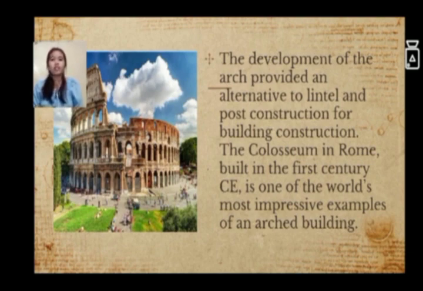So the picture in my PowerPoint is the Colosseum in Rome in the 1st century CE. It was built in the 1st century, and it uses repeated arches to define an imposing but decidedly airy structure. So you can see, it looks unfinished, guys, no?